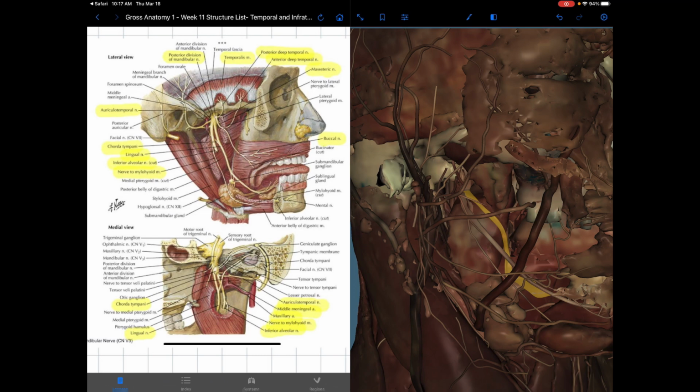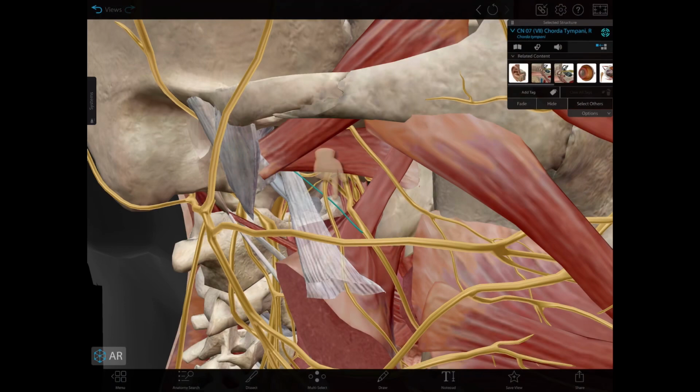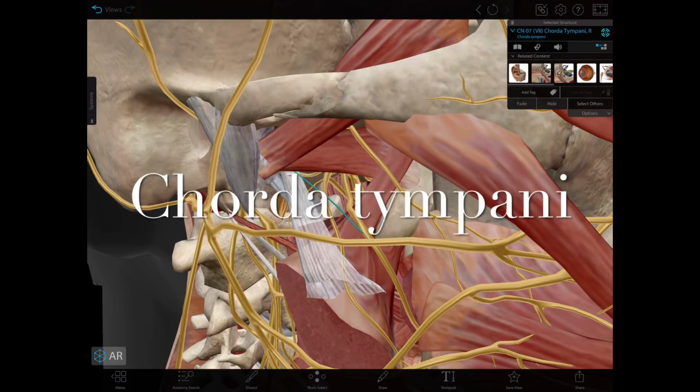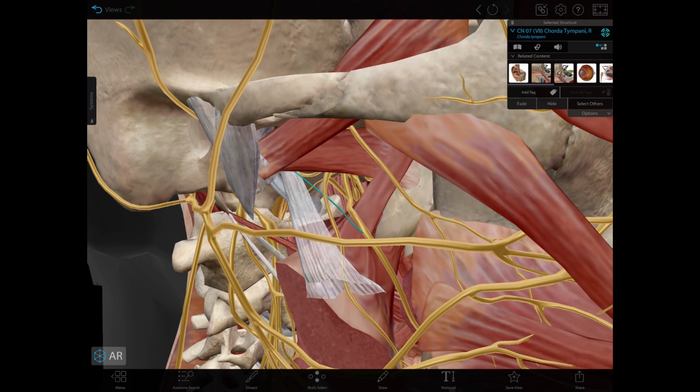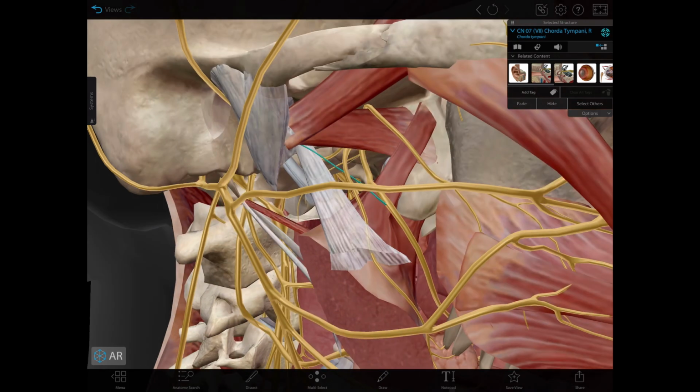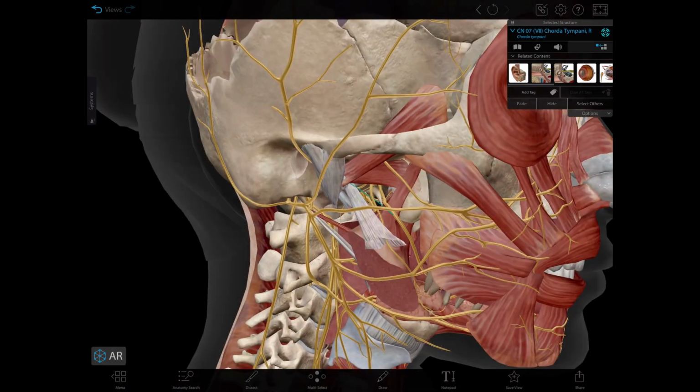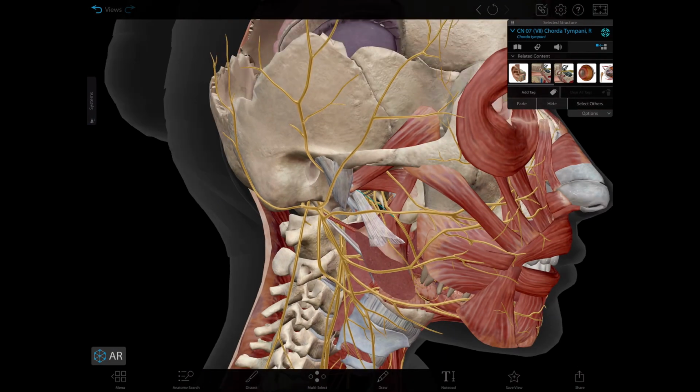It is located high in the infratemporal fossa, and it is joined by the chorda tympani and the intrapetrosal branch of the facial nerve. The other branch is going to be the chorda tympani. This intrapetrosal branch of the facial nerve originates from the facial nerve within the facial canal, just above the stylomastoid foramen, and it joins the lingual nerve in the infratemporal fossa.